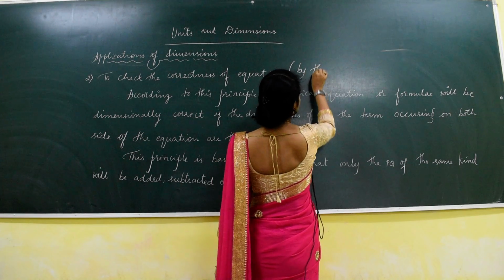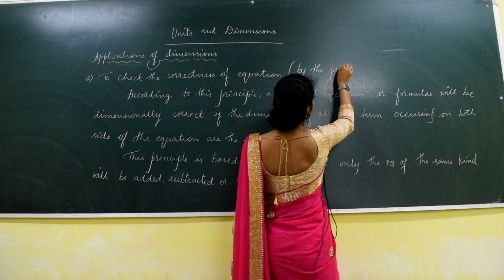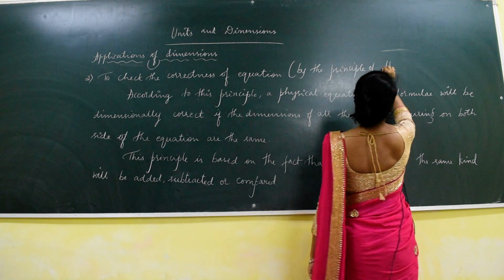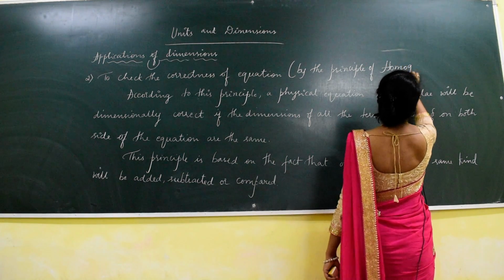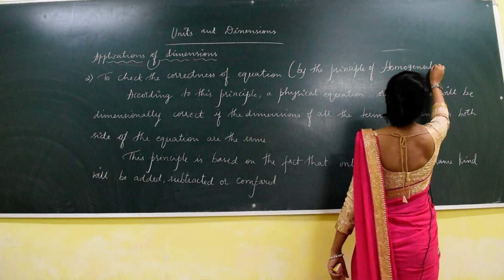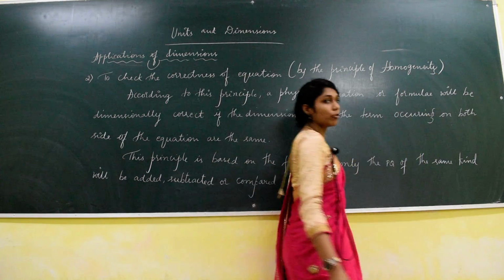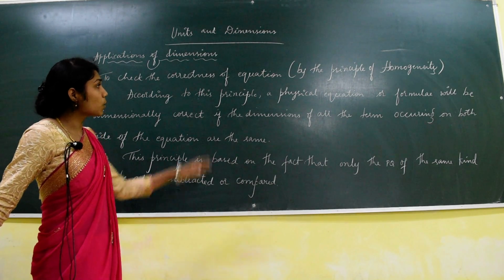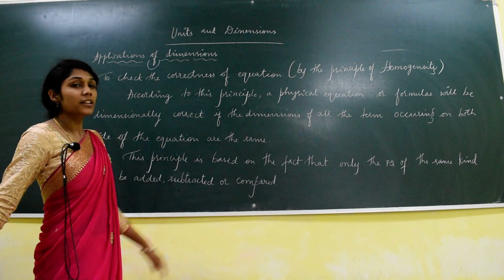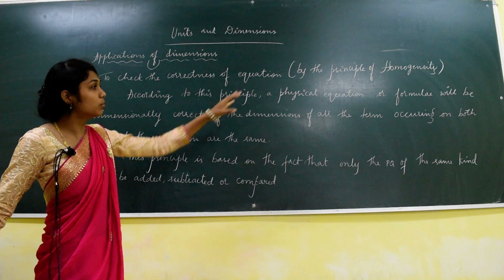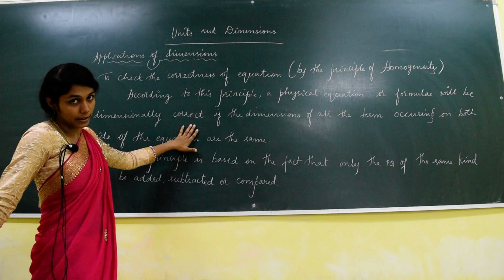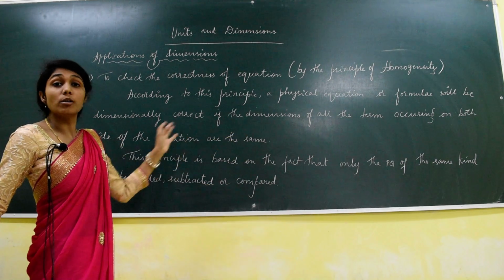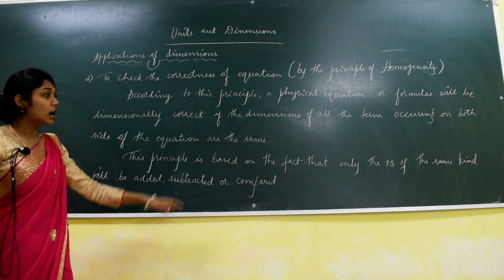By the principle of homogeneity, a physical equation or formula will be dimensionally correct if the dimensions of all the terms occurring on both sides of the equation are the same.